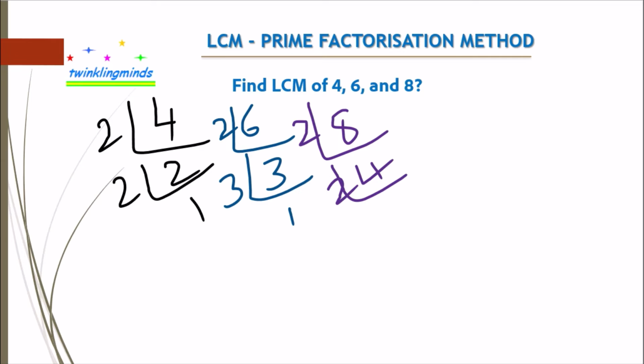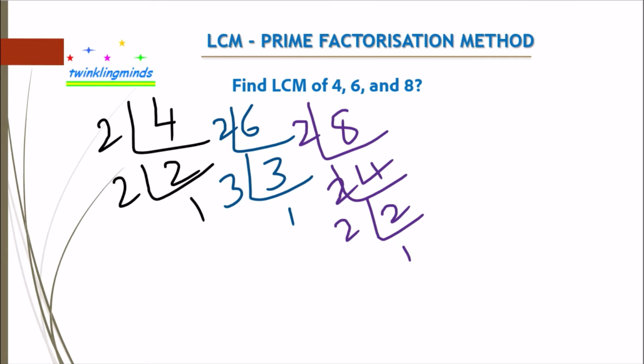So divide, the quotient will be 2. Again divide by 2. Quotient is 1. So the prime factors for number 8 are 2 multiplied by 2 multiplied by 2.